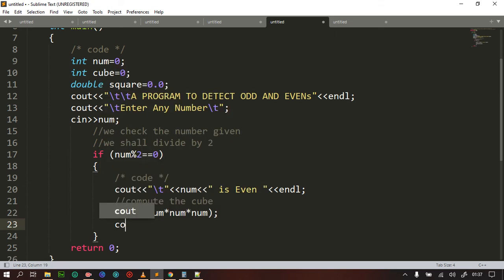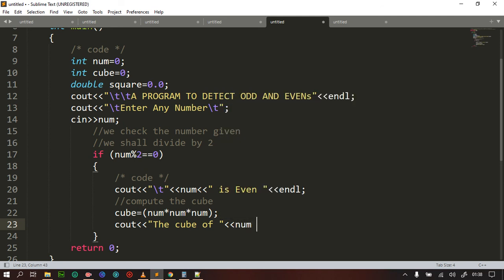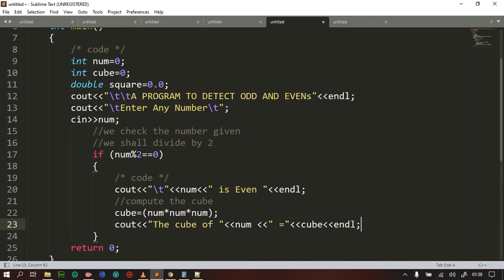So what is going to happen? Cout the cube of num. Guys, are you seeing how I'm using multiple stream outputs on the same line? Hopefully it's really working for you.